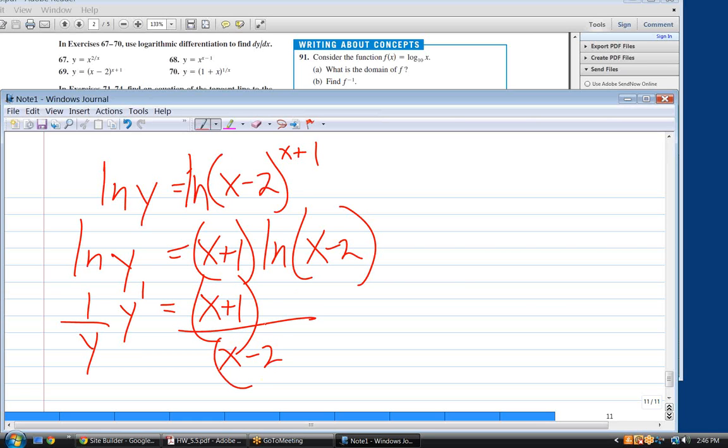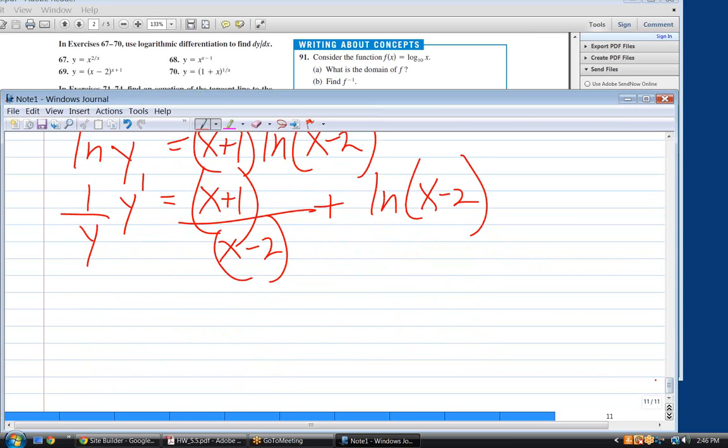Which, yeah, we can write it like that. And then since the inside is 1, we can make that. And then we have plus the natural log of x minus 2, and then since the derivative of the other one is 1, yeah. So now y prime is all of this times y.